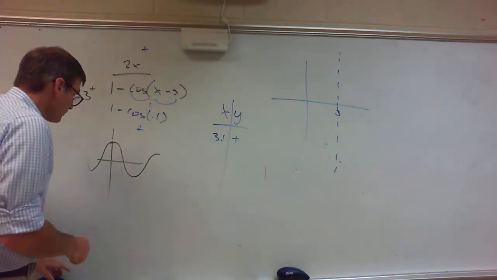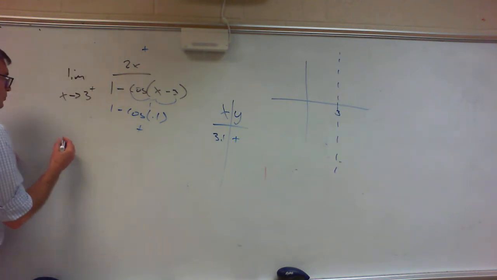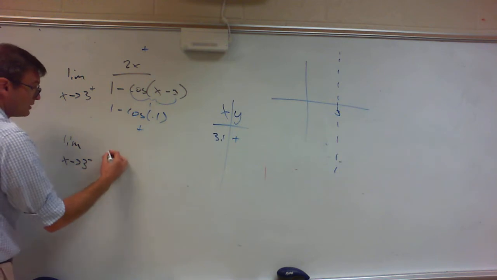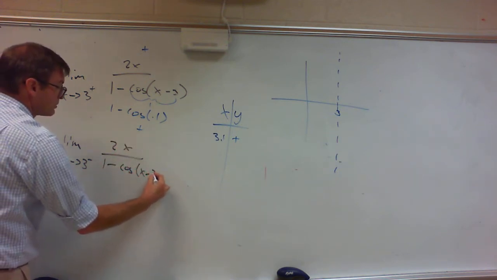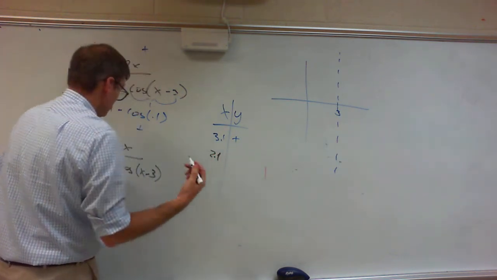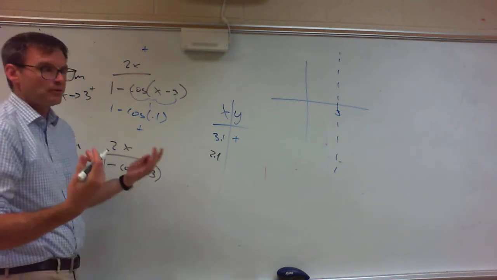All right? What happens if I do the limit as x approaches 3 from the left of this ugly thing, 1 minus cosine of x minus 3? Well, now I'm going to plug in 2.9 and do the same thing. I plug in 2.9, 2 times 2.9, that's positive.